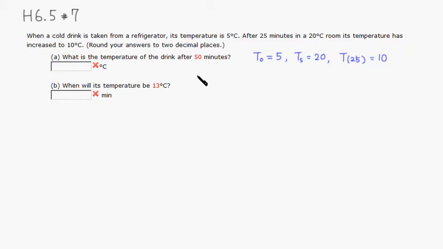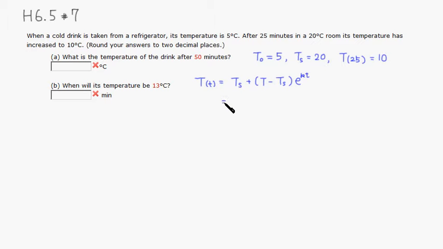So remember Newton's law of cooling: T of t is equal to the temperature of the surrounding plus the initial temperature minus the temperature of the surrounding, times e to the kt. Let's plug these numbers in.